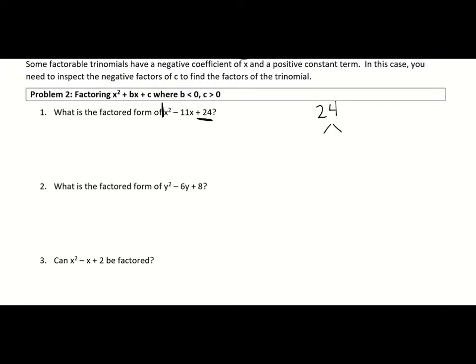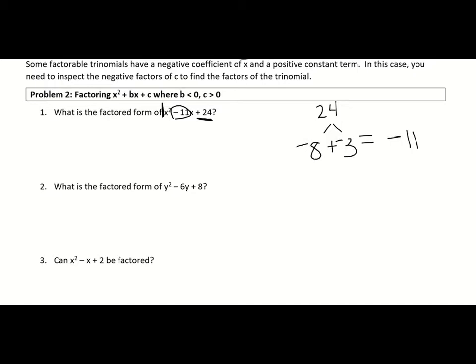And I need two numbers that multiply to 24 that add to the middle number, negative 11. So in order for two numbers to multiply to a positive but add to a negative, both of my numbers would need to be negative. In this case, negative 8 and negative 3.